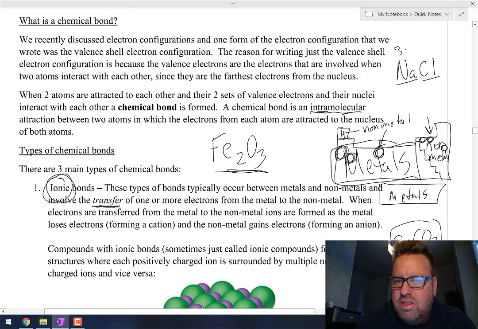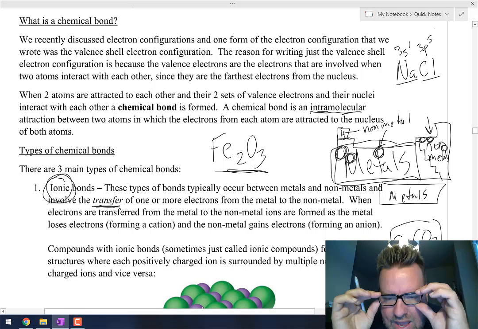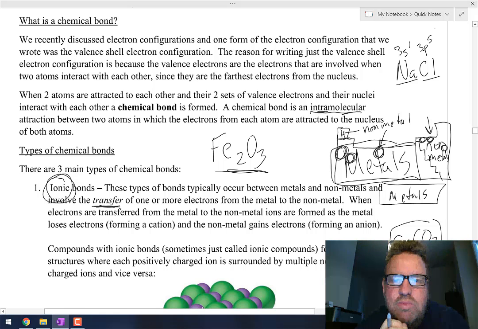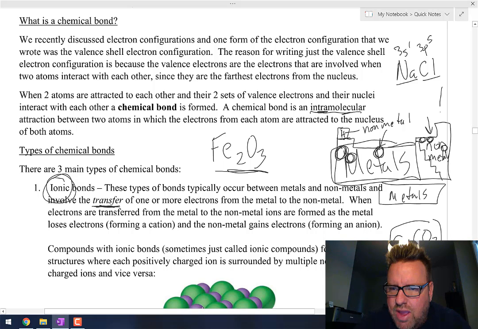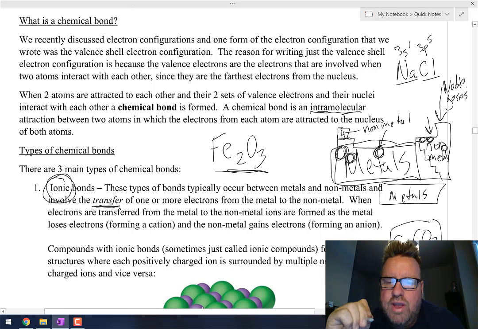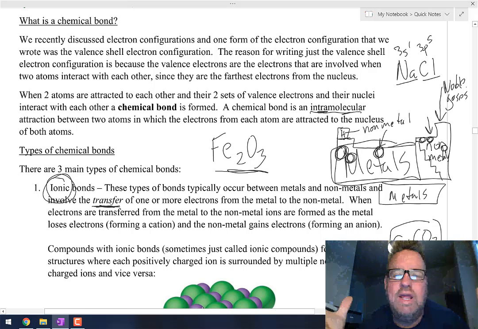Sodium ends in 3s1, and chlorine ends in 3p5. The reason that bonds happen is to make these elements more stable. How do you make them more stable? You look right here at the periodic table. Those elements right there are called the noble gases, and the reason they're called the noble gases is just like nobility in life.